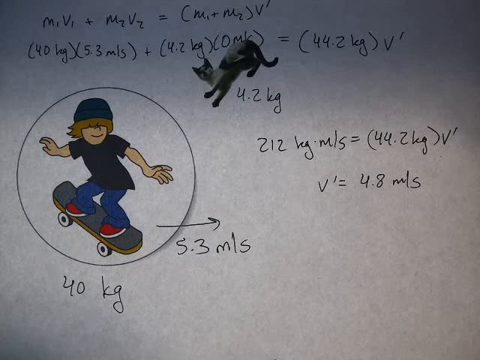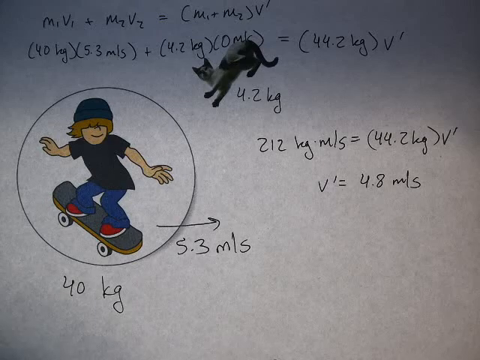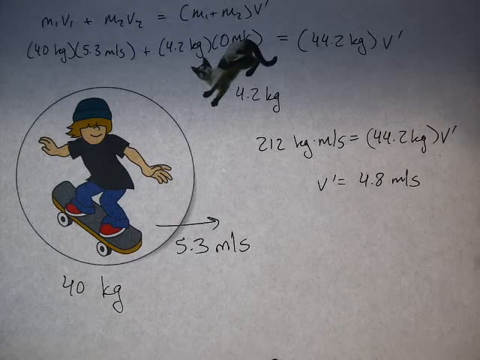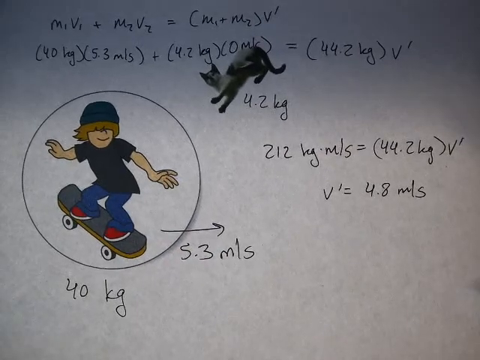So after the cat falls on Matt, he slows down to 4.8 meters per second, and momentum in the x direction along the x-axis is conserved. That's perfectly inelastic.